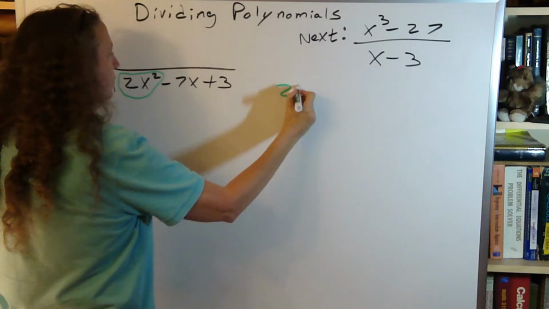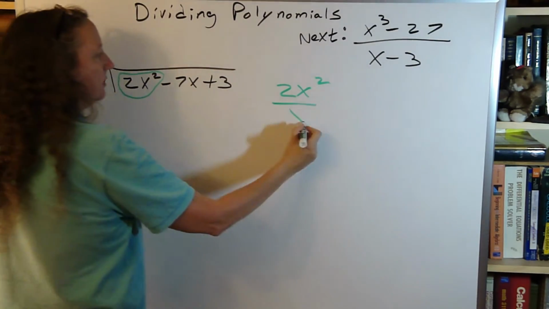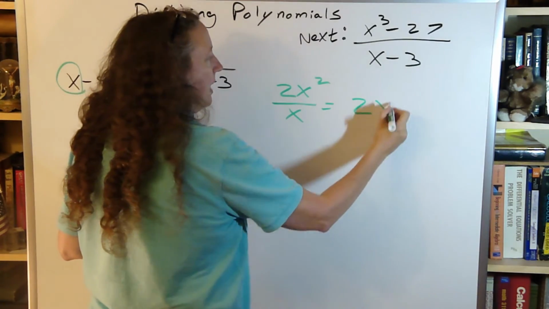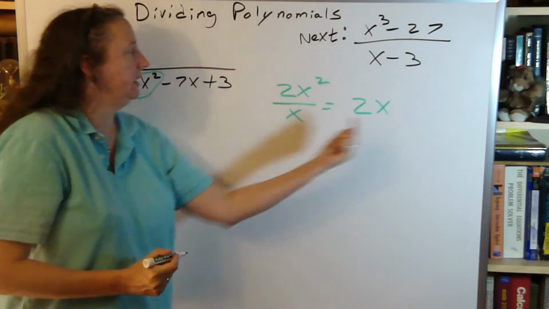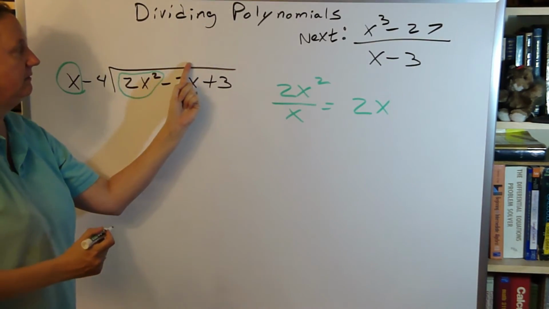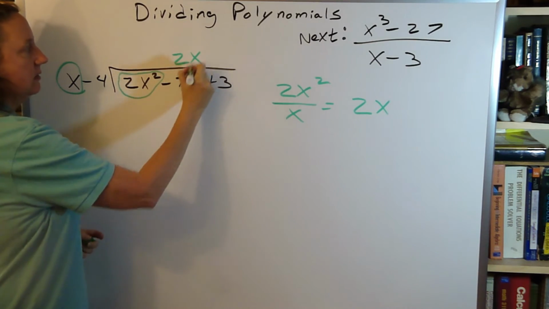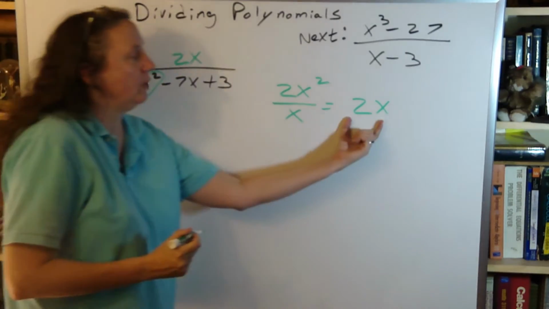So we have 2x squared divided by x. This gives me 2x for the answer. So my exponent is 1 here, so I'm going to put it above the one where the exponent is 1, above the minus 7x.